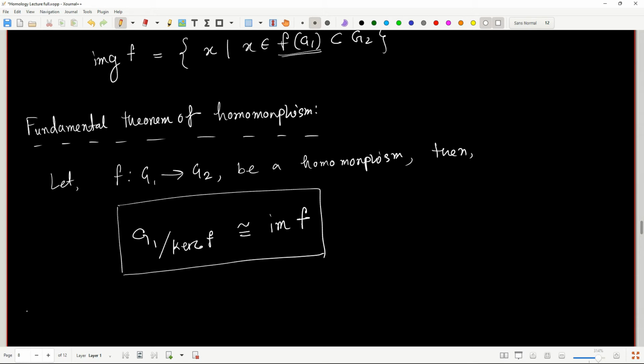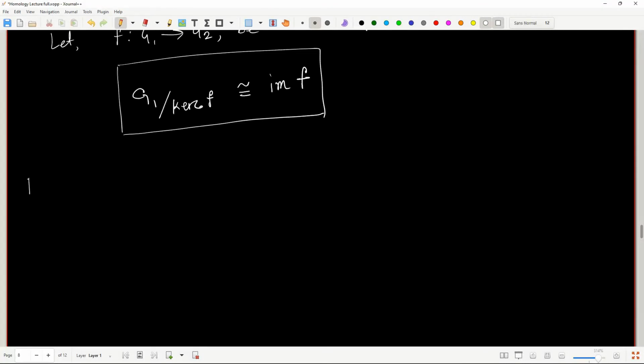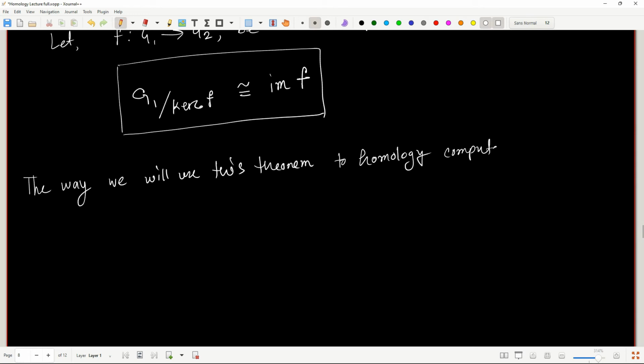And the way we use this theorem in our computation of homology is the following. So let me write that down. The way we will use this theorem to homology group computation is the following.